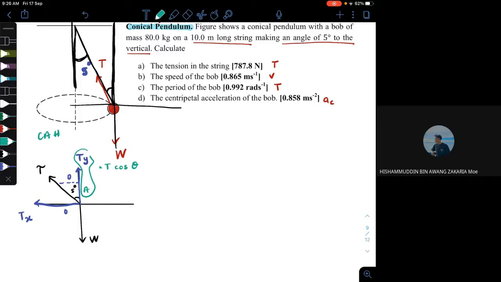And then TX pula. Ni kan TX punya adalah sin kan. So T sin theta. Okay. So dah lukislah free body diagram. Okay. And then soalan minta the tension in the string. So obviously kita akan buat step. Total force sama dengan MA kan. Okay. Lepas tu kita tengok mana arah acceleration dia tu kan. Kat mana arah acceleration dia. Siapa nak teka mana arah AC dia, kat dalam free body diagram kita ni.